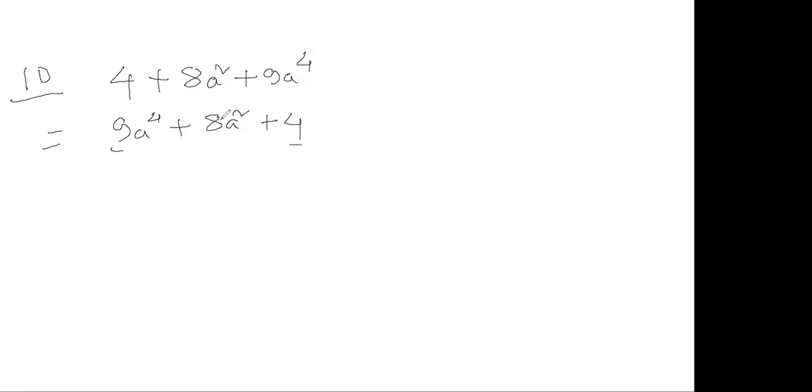I actually cannot convert, because the product of 9 and 4 is 36, right? So what are the factors of 36? 6 and 6, 2 and 18, 1 and 36, 9 and 4. If you consider any two of the factors, when you multiply we get 36.